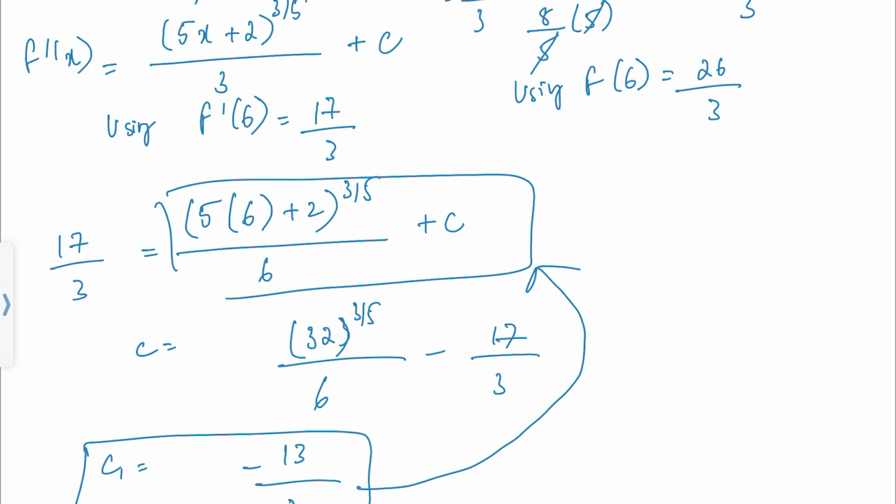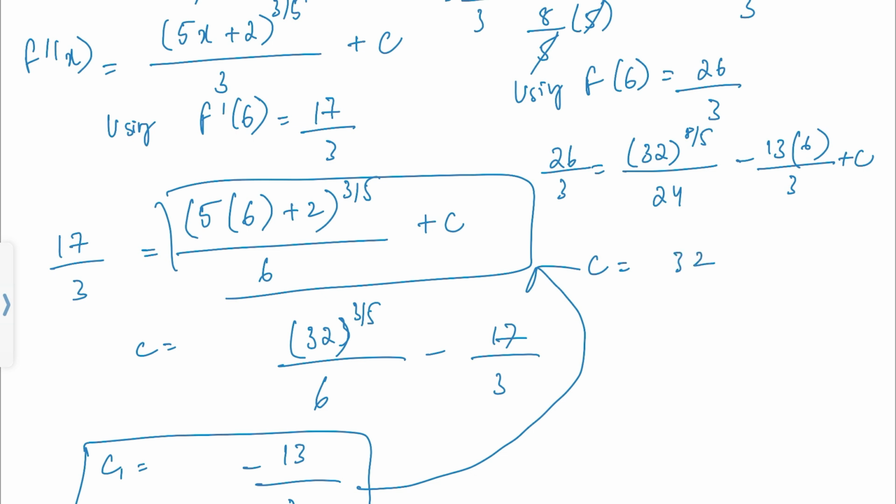That would be 26 over 3, then 32 powered 8 over 5, over 24, minus 13 times 6 over 3, plus c. Let's just move this c over there. That would be 32 powered 8 over 5, which would give us 256 upon 24.